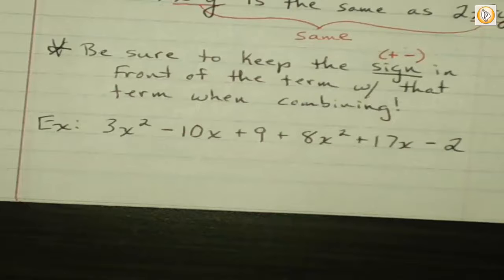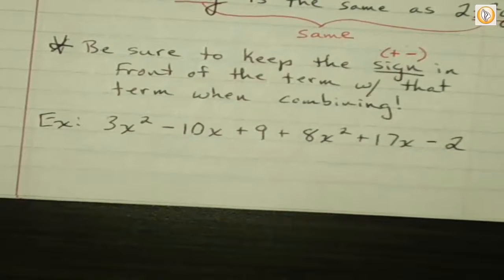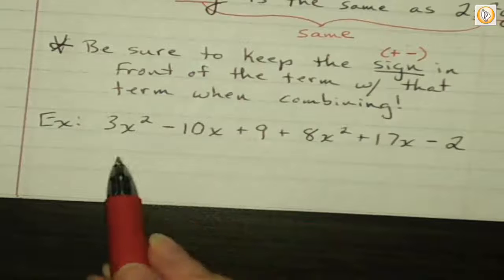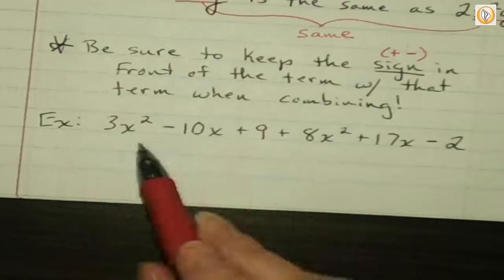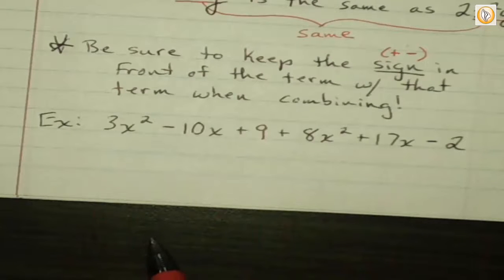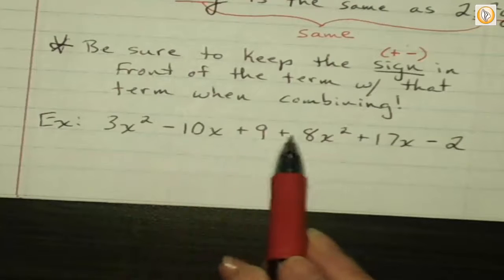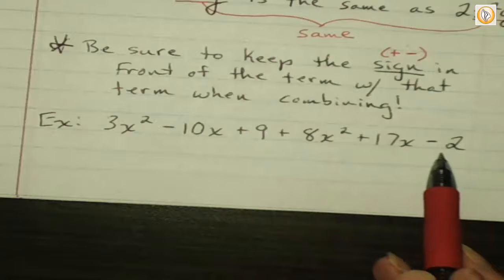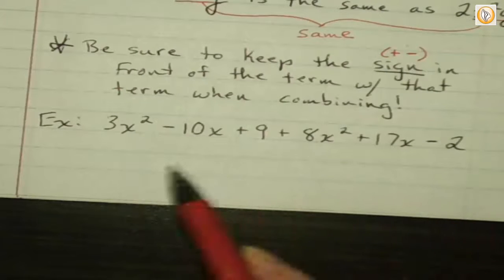All right, write that down. Joanne, how many terms are there in this? 6. That's right. 1, 2, 3, 4, 5, 6. There's 6 terms in this.